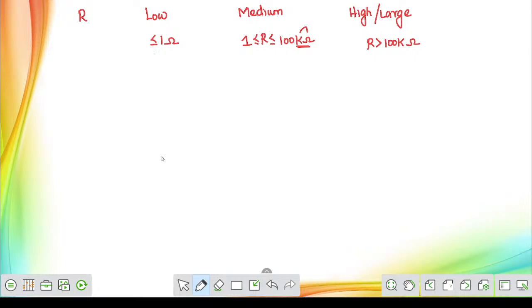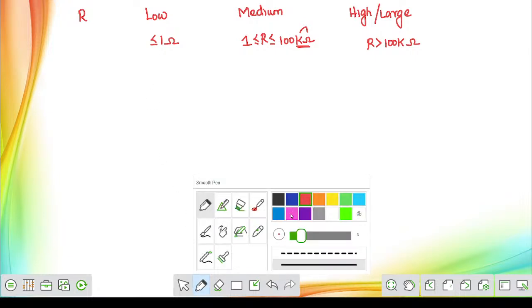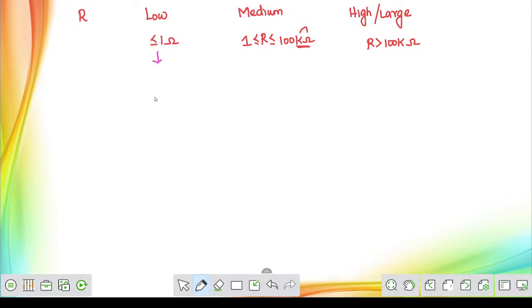Now, where are we practically observing low resistance? Usually this low resistance we can measure in transformer windings, electrical motors, generators, ammeter internal resistance, and semiconductor devices in forward bias. So low resistance values we can observe in all our machines, especially transformer windings, alternators, and motors.